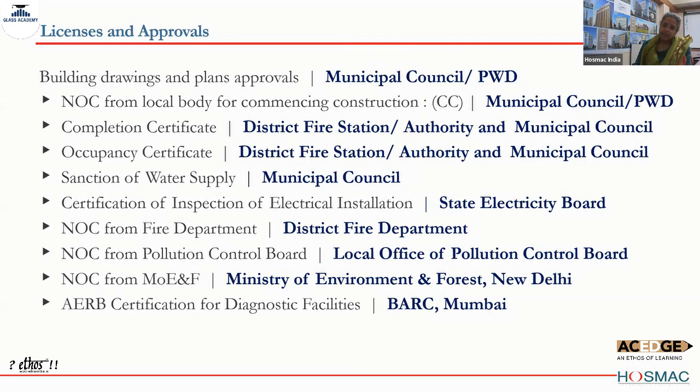So here are the licenses and approvals which we may need, from the Public Works Department, the municipalities, the Fire Department, Atomic Energy Regulatory Board (AERB), BARC, local office, and Ministry of Environment and Forest (MOEF) clearances.